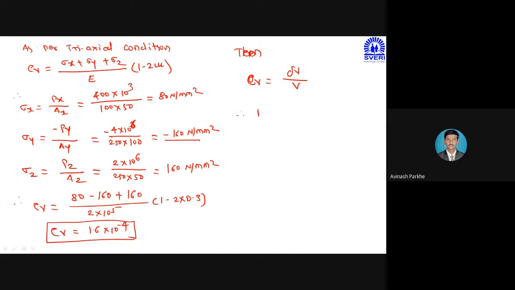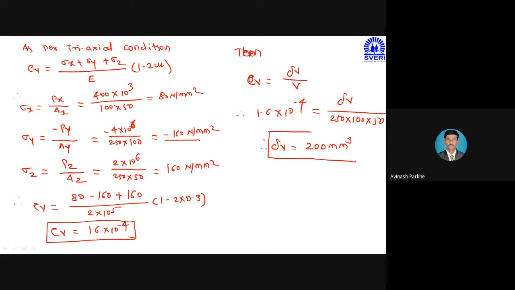So EV is equal to 1.6 into 10 raised to minus 4. To calculate the change in volume, the original volume is 250 into 100 into 50. Therefore, dV is equal to 200 mm cube.